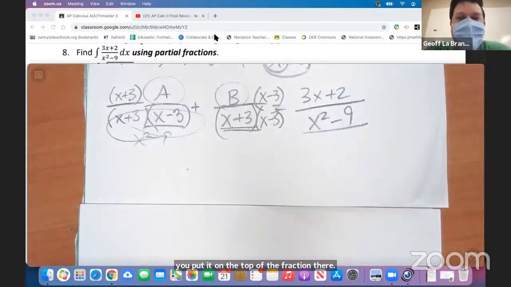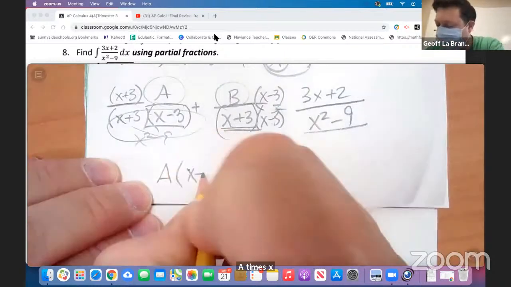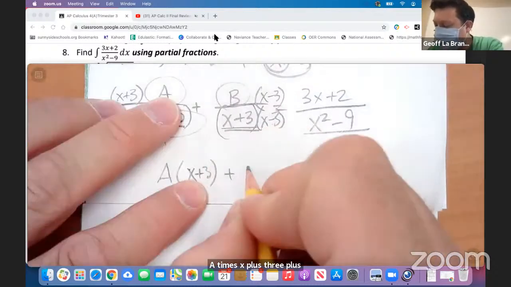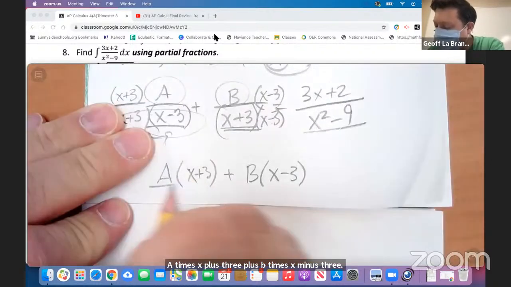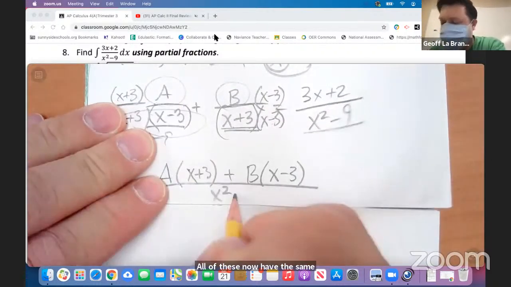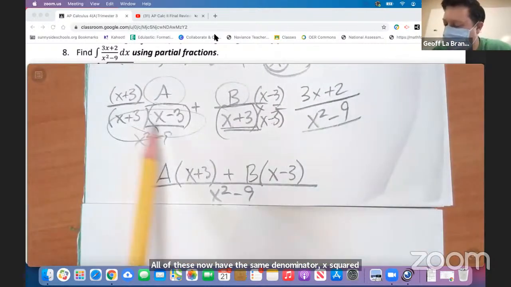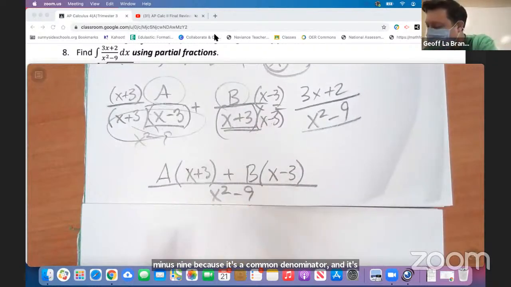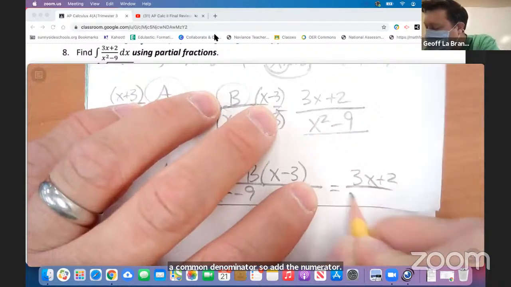Okay. A times x plus 3 plus B times x minus 3. All of these now have the same denominator, x squared minus 9, because it's a common denominator, so add the numerators. This still equals 3x squared plus 2 over x squared minus 9.